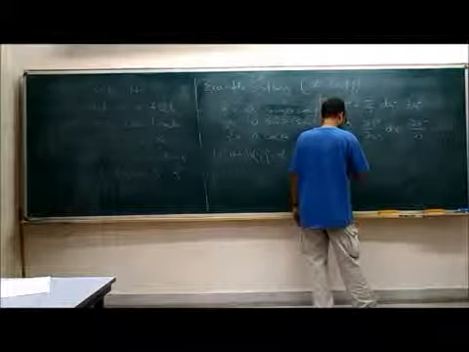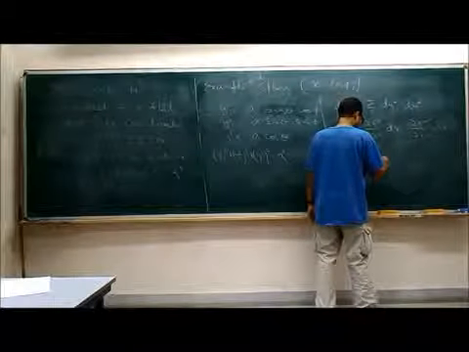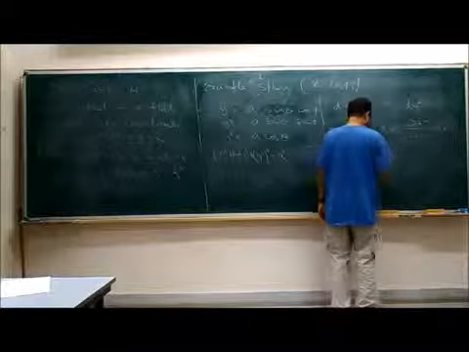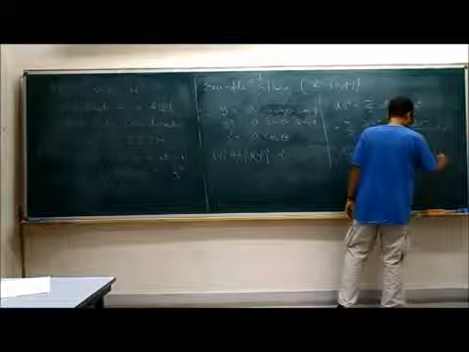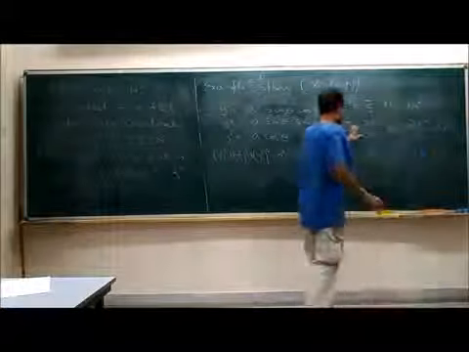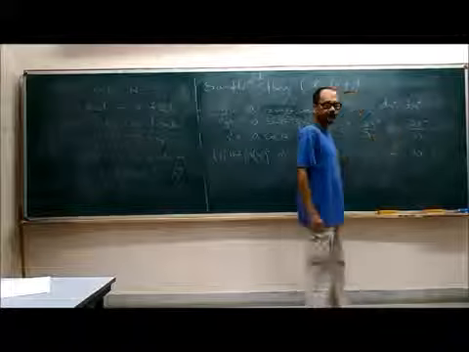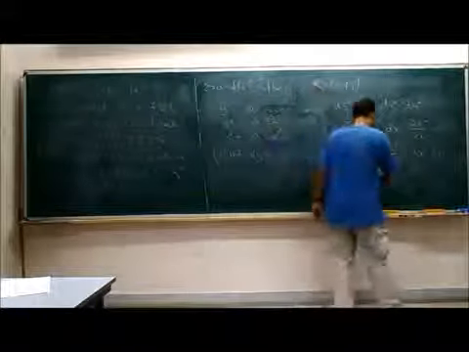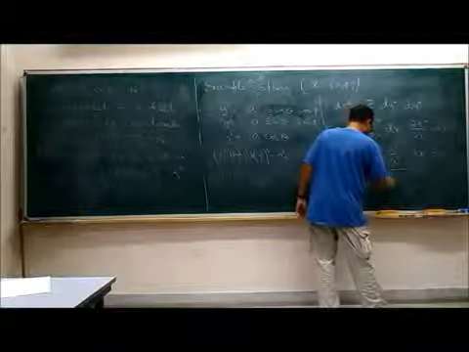I can just rearrange it a little bit: del f alpha del xi, del f alpha del xj, dxi dxj. I could in fact even remove the summation over alpha because it's repeated anyway, but I have just chosen to write it. So this quantity is now Gij of x.